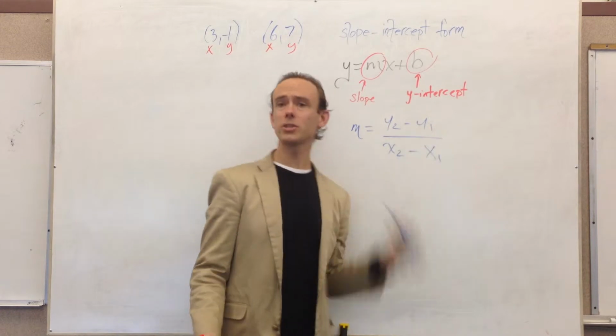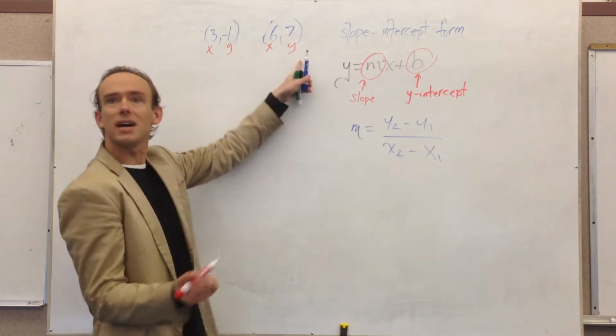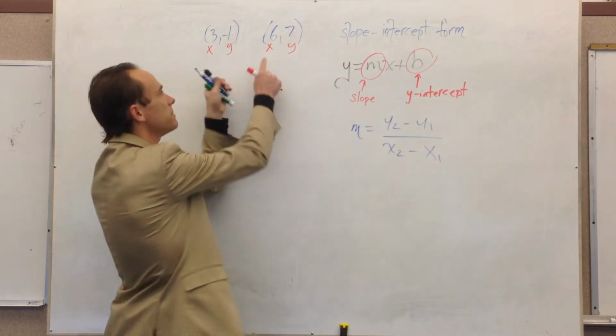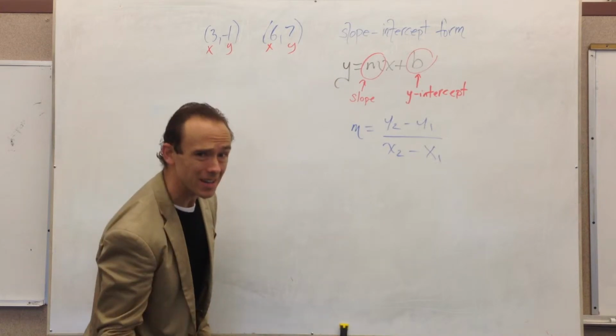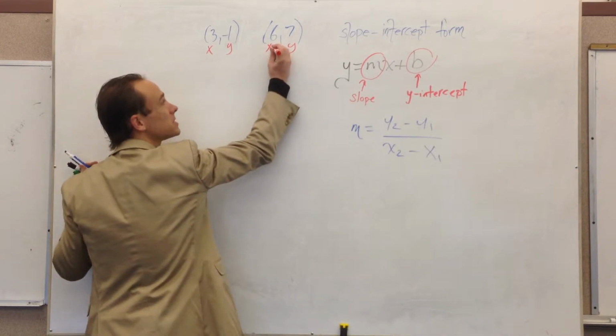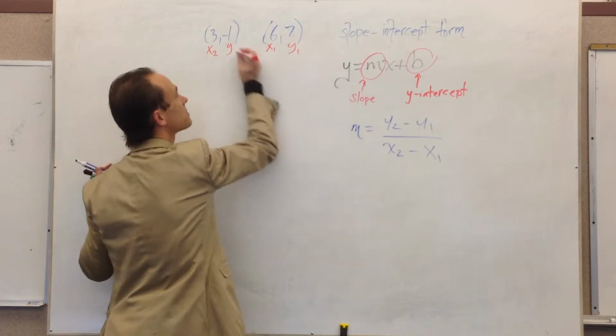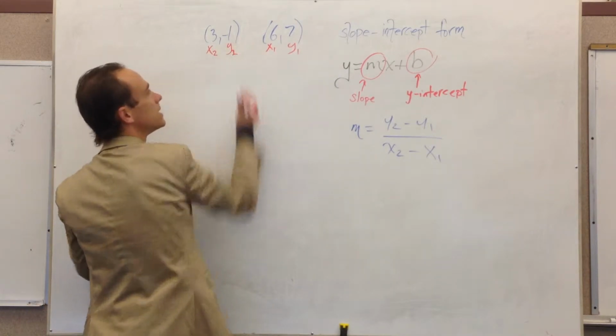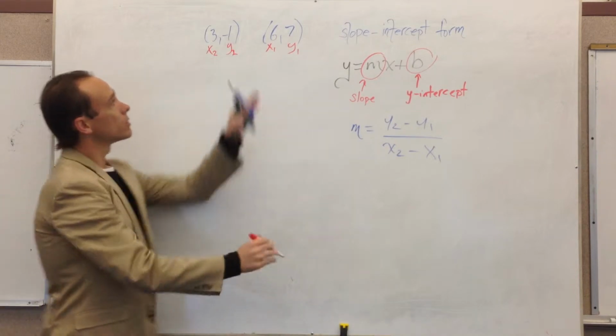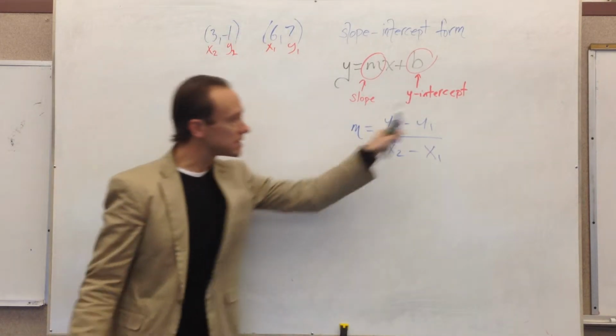We need the 1 and the 2 to differentiate between the 2 y's so we know what we're talking about. It doesn't matter which one you call x1. You just got to call one of them. So I'm going to pick this one. That's going to become x1, therefore that's got to be x2. Now we got to line up the y's with the x's. And now we good. We want to substitute these values into this equation.